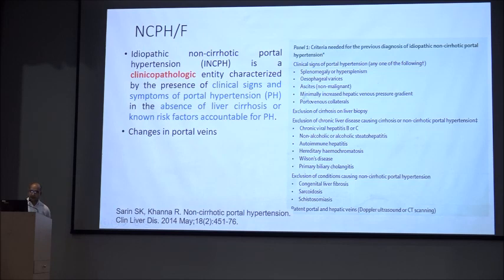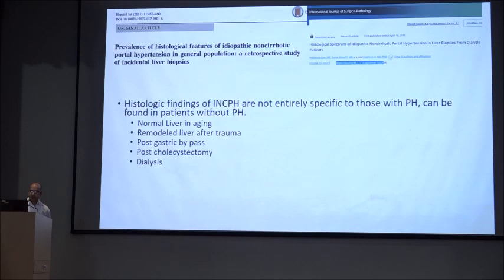It should have the exclusion of cirrhosis on liver biopsy, and known entities should be ruled out. Congenital hepatic fibrosis, sarcoidosis, and schistosomiasis should also be ruled out. And then we can say this is NCPH or NCPF.